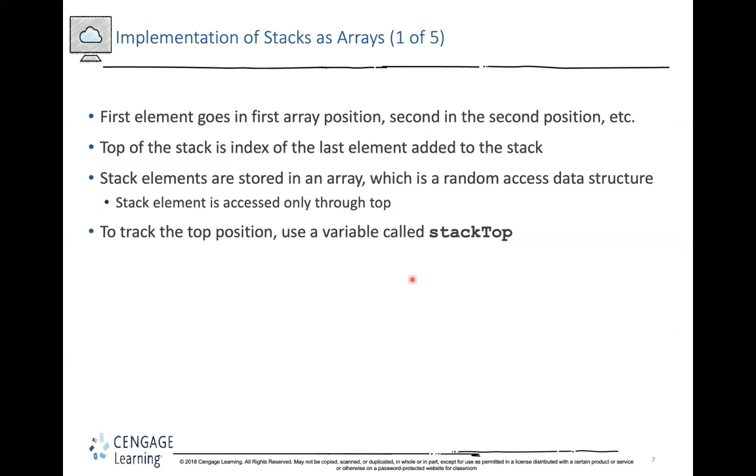Now, there are a few different ways to implement this stack. The first way we're going to look at is to use arrays as the backend data structure. Basically, the idea is if you push elements, the first element goes to the first array position, the second goes to the second position, and so on.